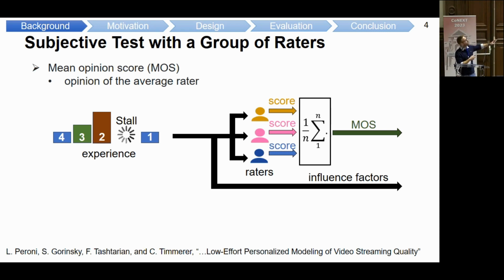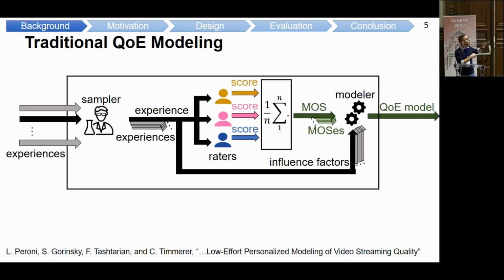What we see here is just a piece of the total subjective assessment framework, where in input we have a big set of experiences, then a sampler, which is basically a researcher or the person that set up the subjective assessment, selects a subset of them, and they are iteratively shown to the raters.